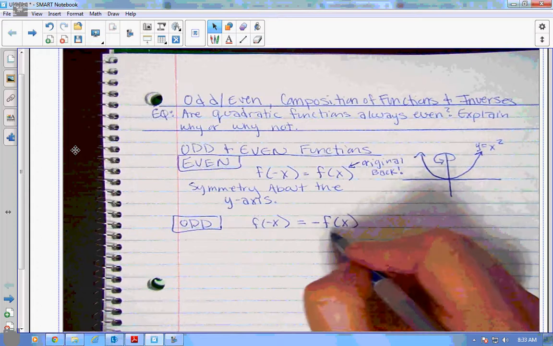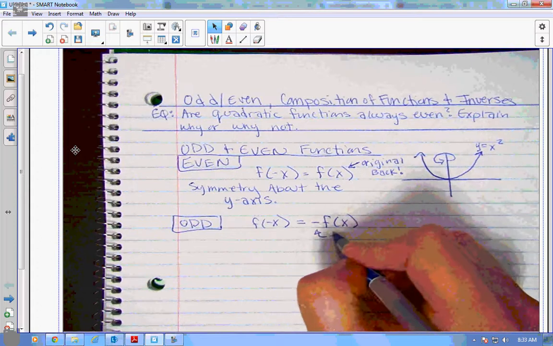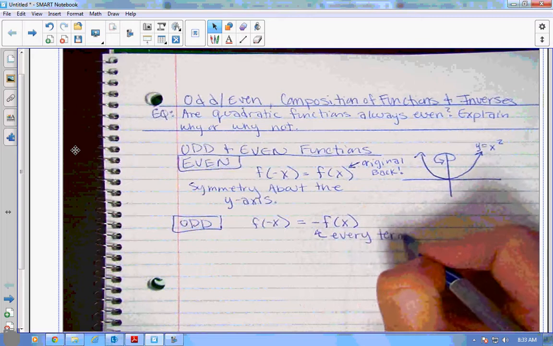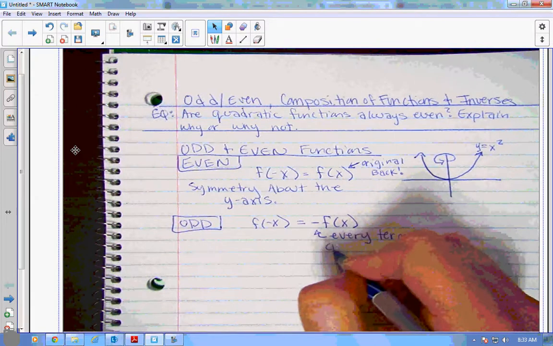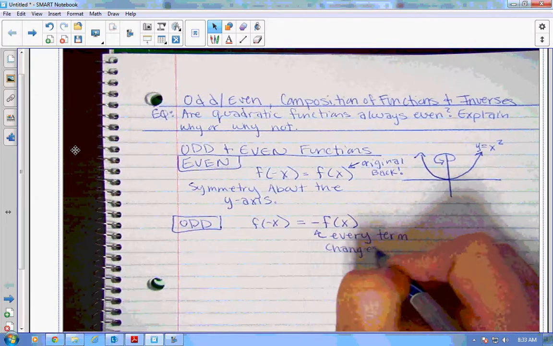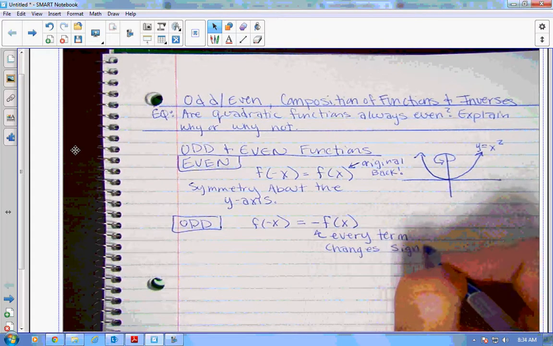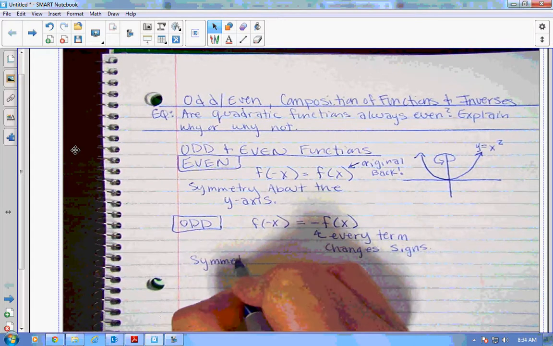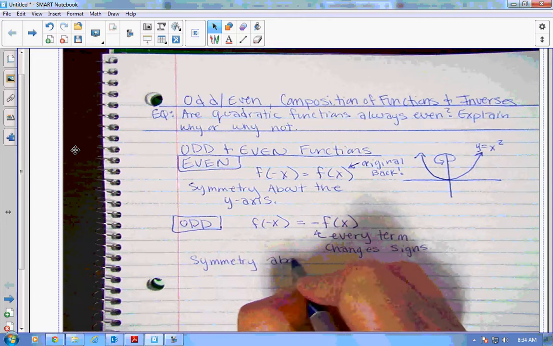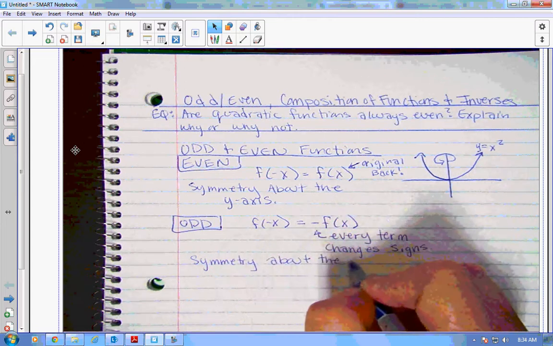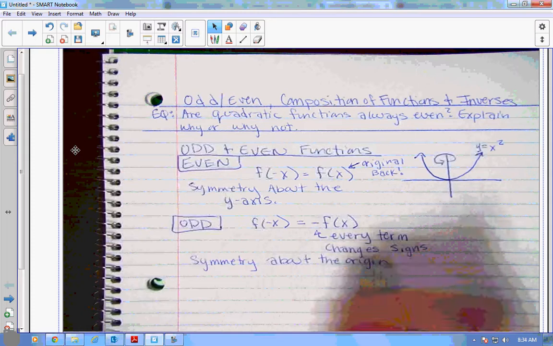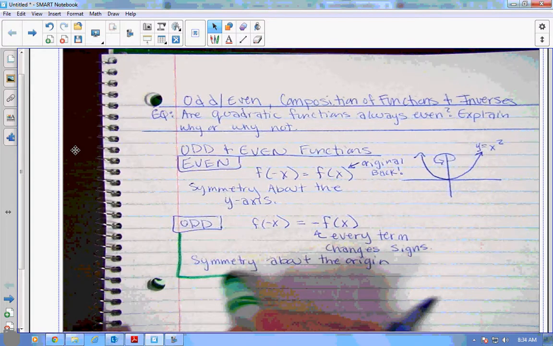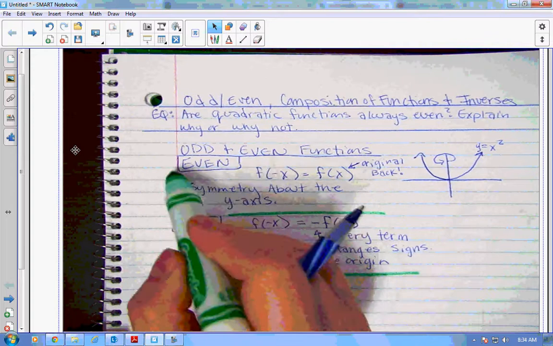Versus with an odd function, every term changes signs. And this will end up having symmetry about the origin. Odd and even.